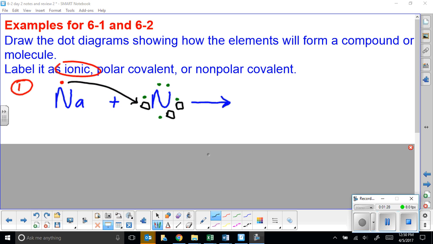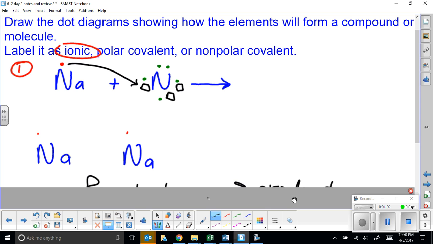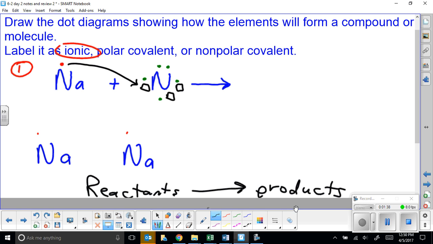So therefore what we do is we need 2 more sodiums. So we would draw 2 more sodiums, and each one of those has 1 dot. And just remember that we have reactants and products. The reactants are the things that we start with, so they're on the left side of the arrow, and the products are what we end up with on the right side of the arrow.